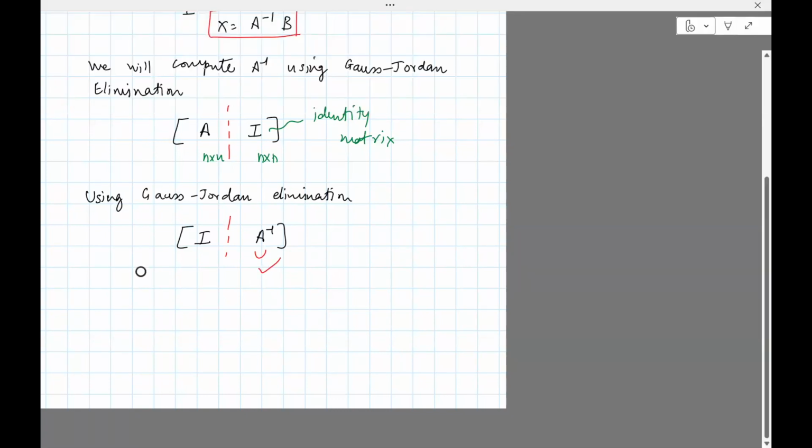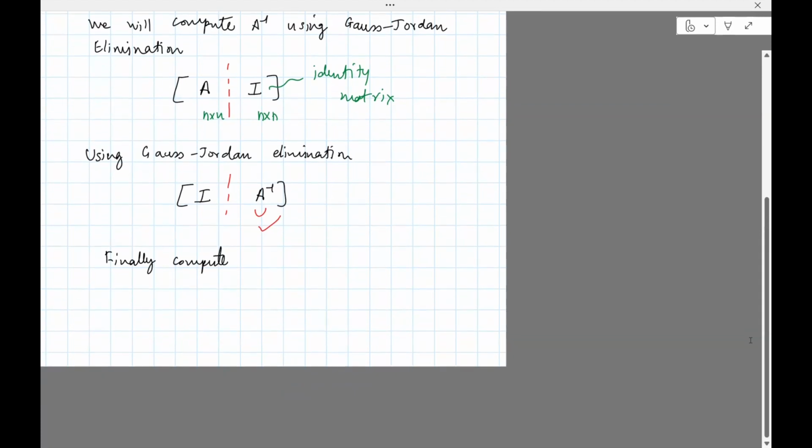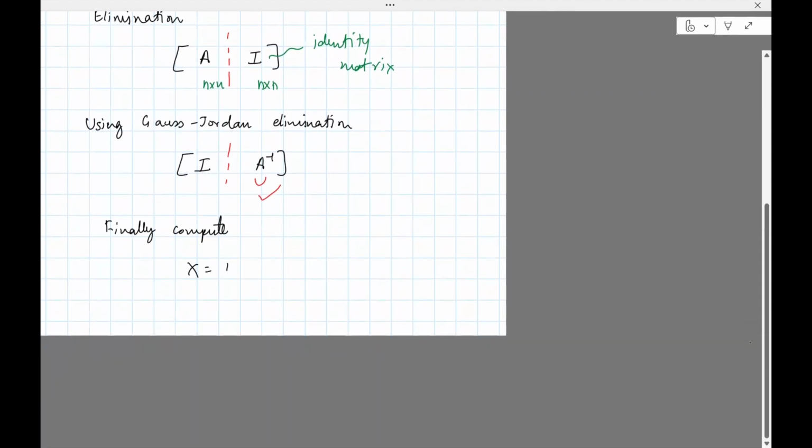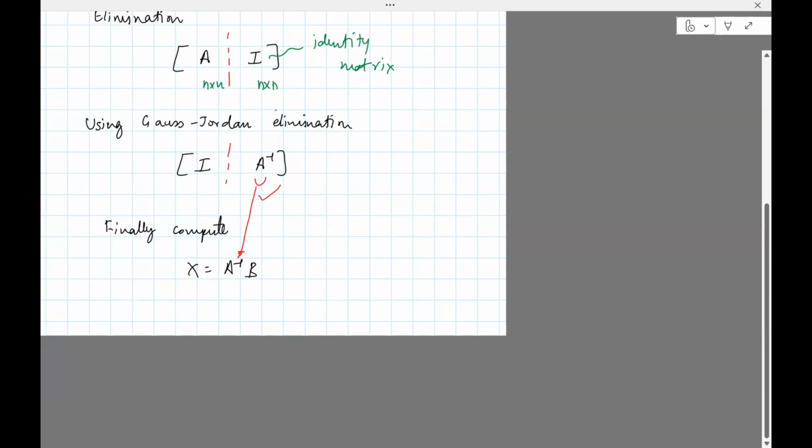And once you compute A inverse, all you need to do is finally compute X as A inverse B. So A inverse comes from this, you sub it in here, and then you just get X. It's very straightforward.